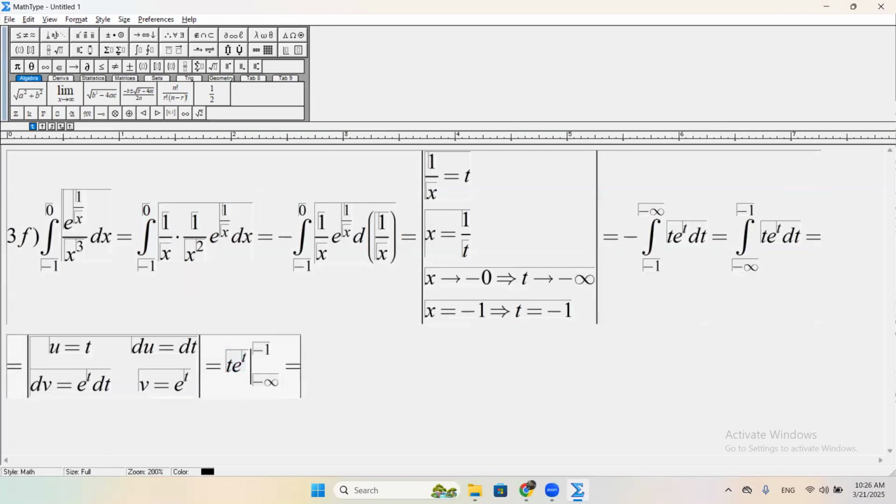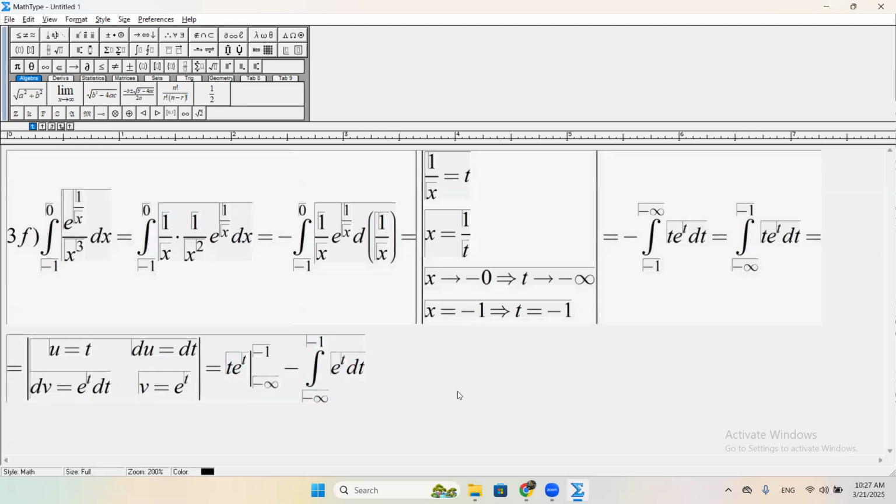In some cases, by the way, substitution can lead to a proper integral. So minus the integral from minus infinity to minus 1, and the integrand is e in power of t.